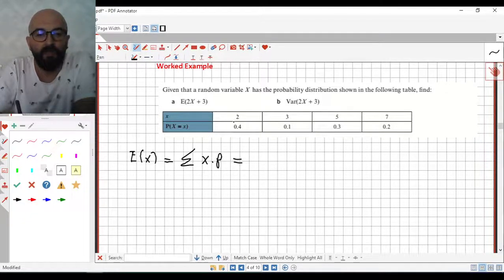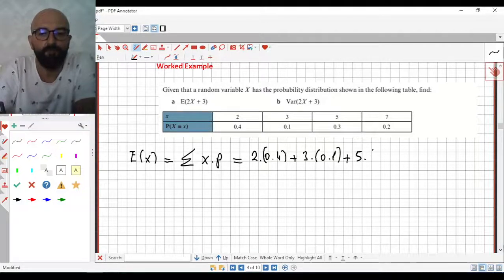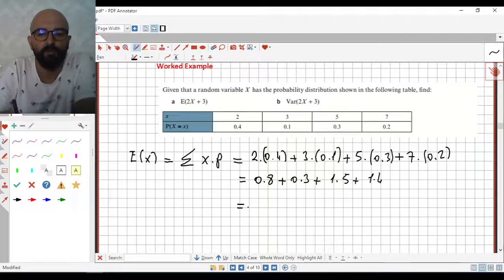So 2 multiply 0.4 plus 3 multiply 0.1 plus 5 multiply 0.3 plus 7 multiply 0.2. So 0.8 plus 0.3 plus 1.5 plus 1.4, which is 4.